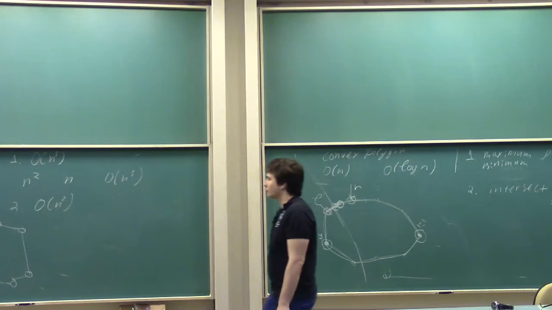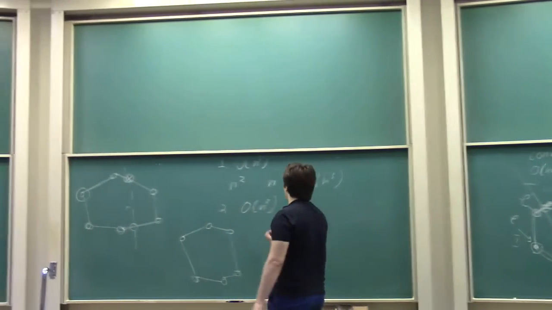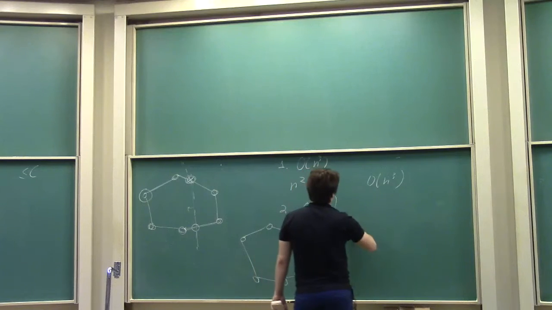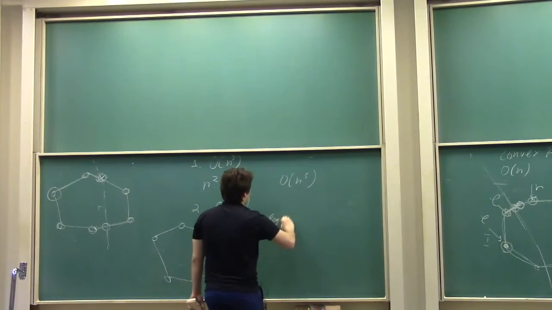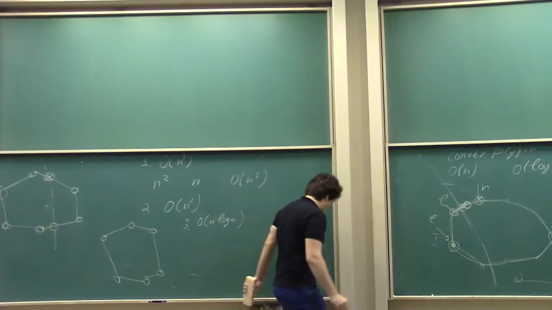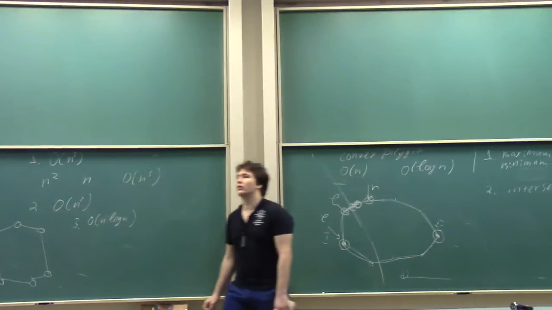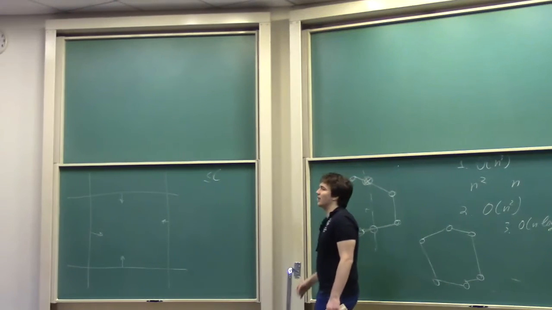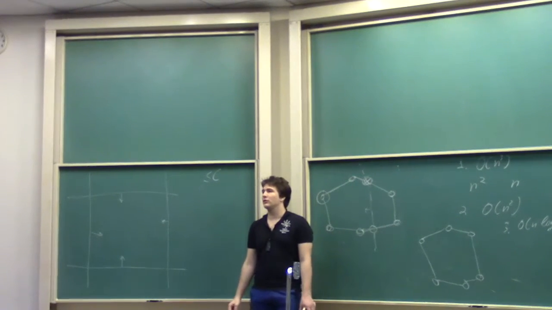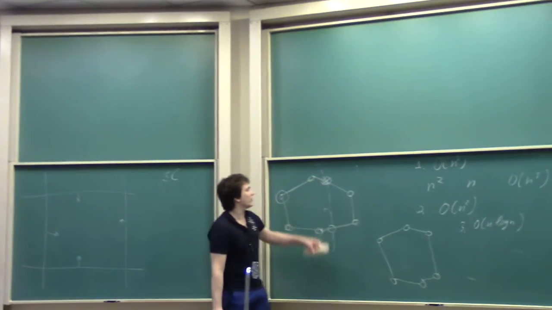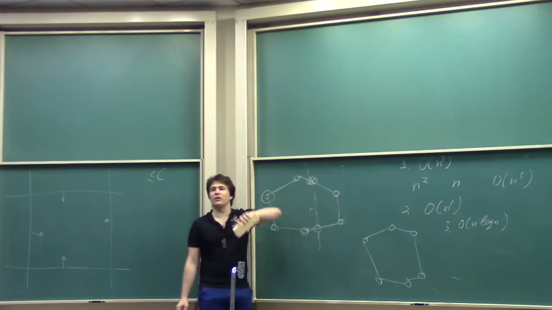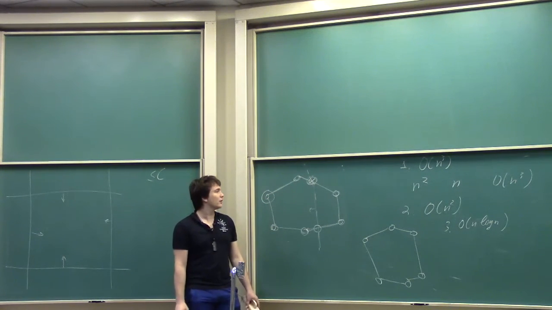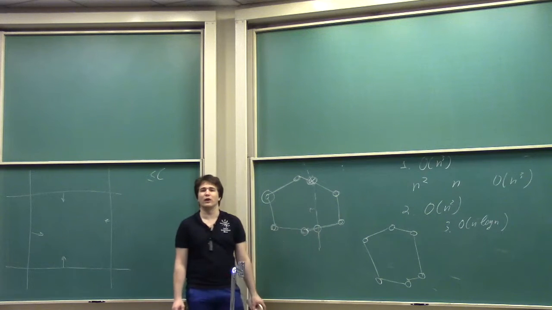Now, there are some ways to do this in n log n time. One of them is to take a closer look at what the operations are. Operation 1 is intersect a line with the polygon. Operation 2 is throw away some number of vertices and add no more than two new ones.